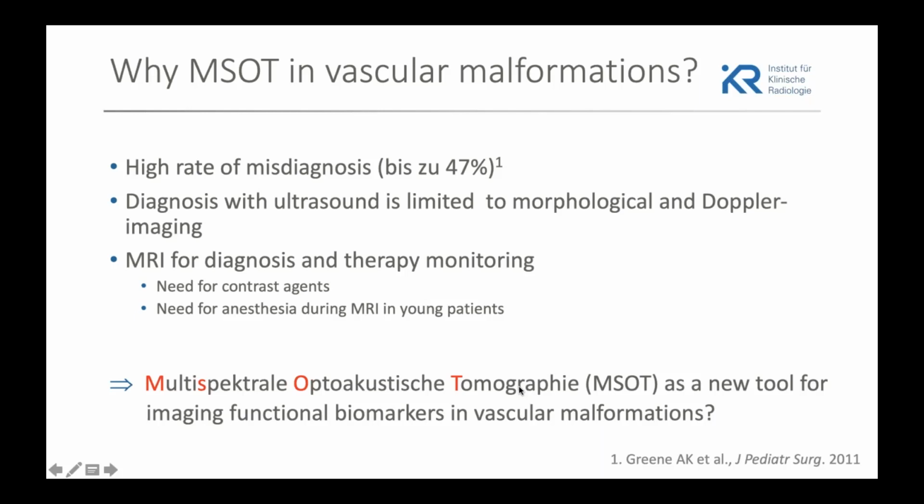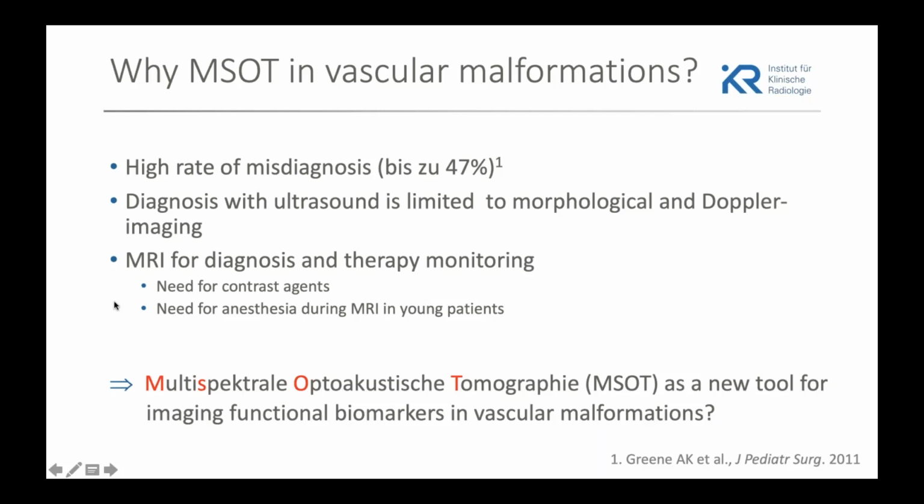So most of the patients go to MRI, repetitive MRI, both for diagnosis and therapy monitoring. If you think of the young patients, they may need anesthesia for this MRI, they need maybe contrast agents, and you have a higher effort to get this MRI for just, let's say, the whole leg.